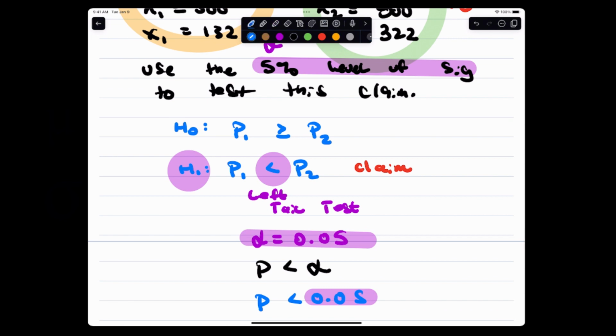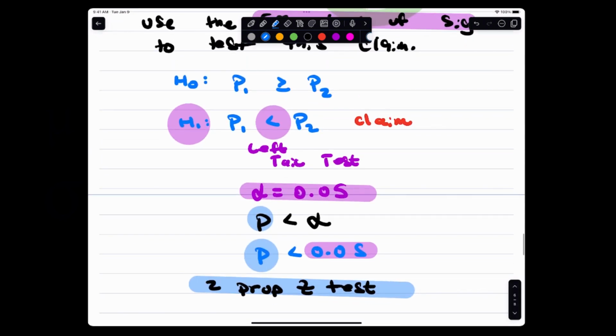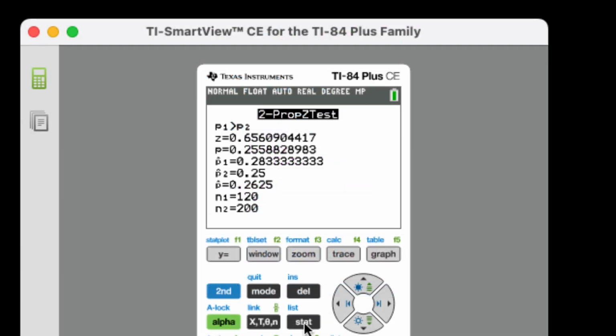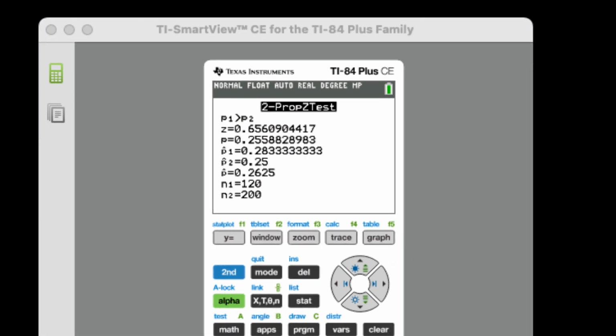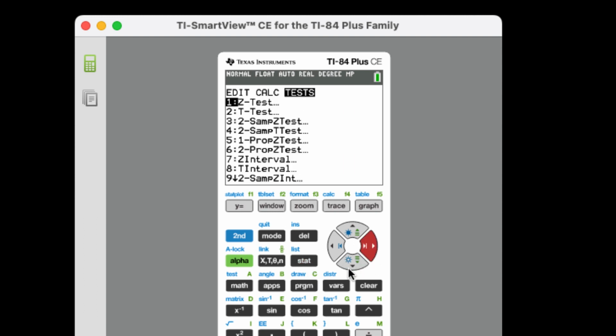What's the command in the calculator? 2 proportion z test. Stat, test, 2 proportion z test.